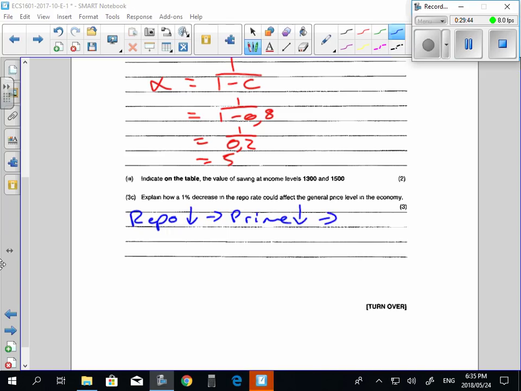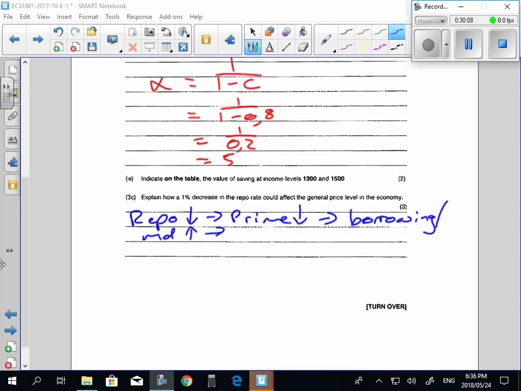And what happens when the prime rate decreases? The cost of funds decreases. The opportunity cost of borrowing money decreases, and therefore people are going to borrow more. Borrowing, or another way of saying it, money demand, will increase. What do we do when we borrow more money?